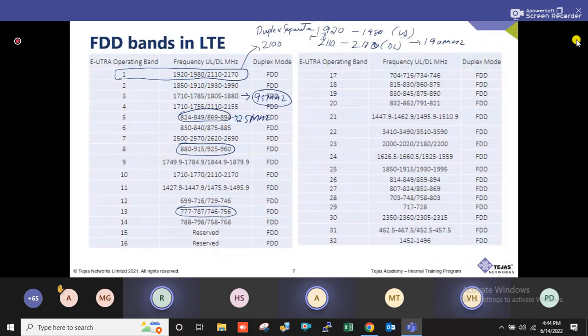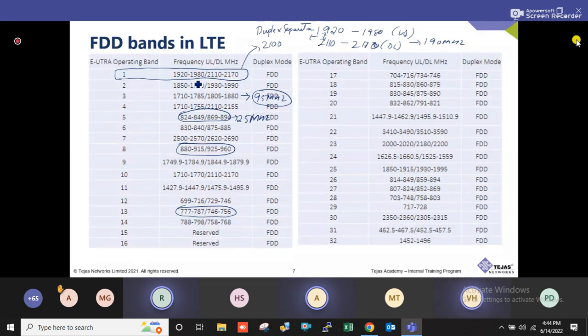So if you look at the bands in LTE, it is not harmonized. Each country has its own right to select these bands, but only ITU has given guidelines about these numbers. So these numbers and this range remain fixed. The only thing is this frequency keeps changing from one country to another. So this is about FDD. Let's move to TDD.